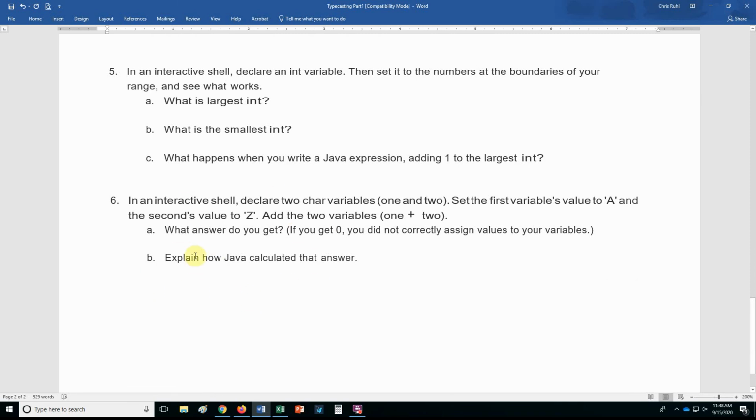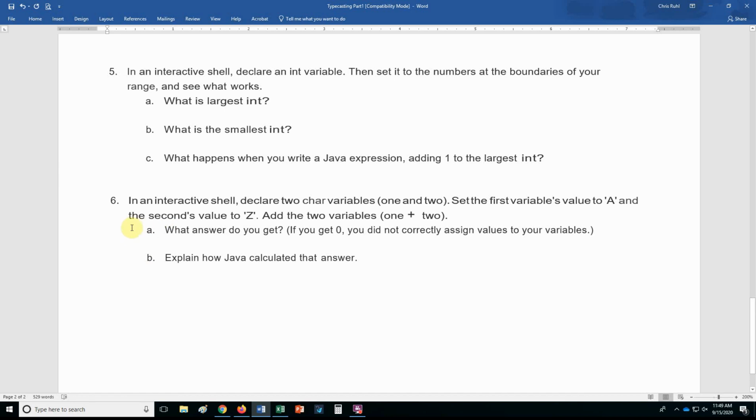Now this last one has to do with the ASCII values in decimal of the capital letter A and the capital letter Z. So you'll need to find the values of those two in the ASCII table on your worksheet. Add them together.